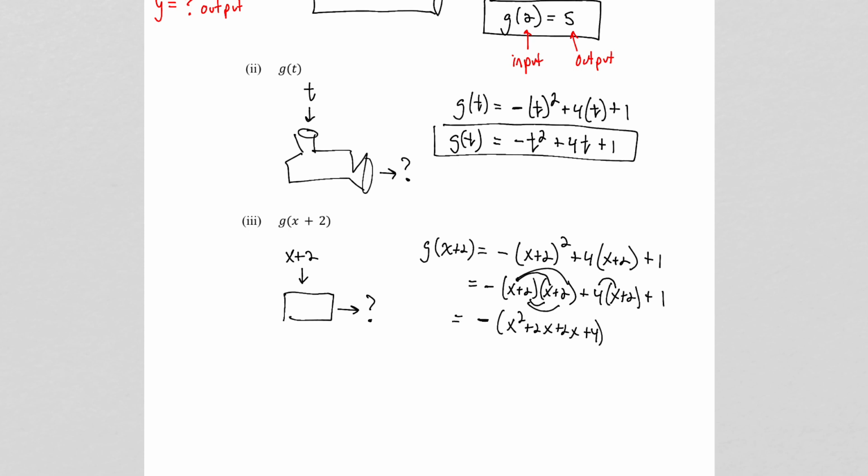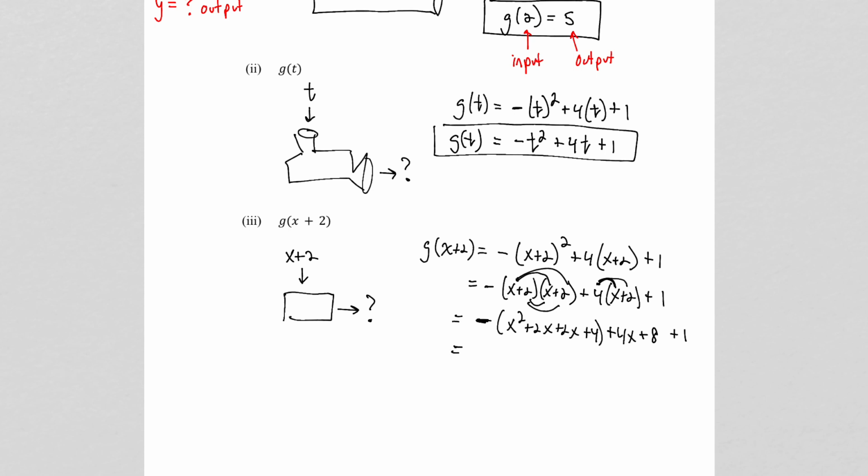Notice how I closed the parentheses there when I'm done multiplying, and I'm keeping that in parentheses because of this negative sign out front. Continuing to the 4: 4 times x is 4x. 4 times positive 2 is plus 8. Notice I do not have any parentheses there because I don't need them. I don't have a negative sign lurking out front that I have to worry about later. And then the plus 1 at the end.